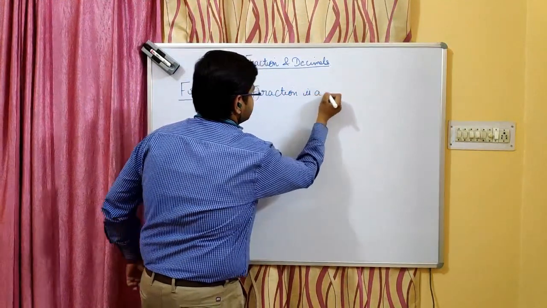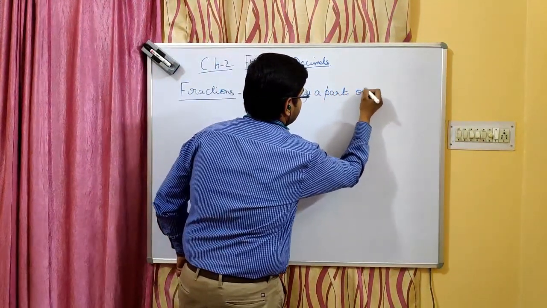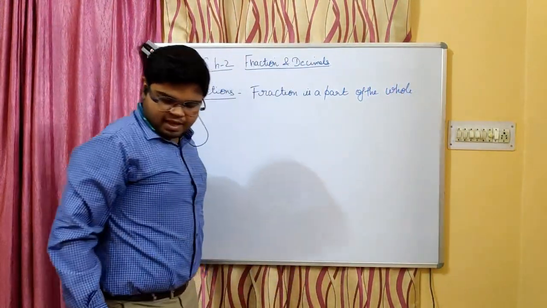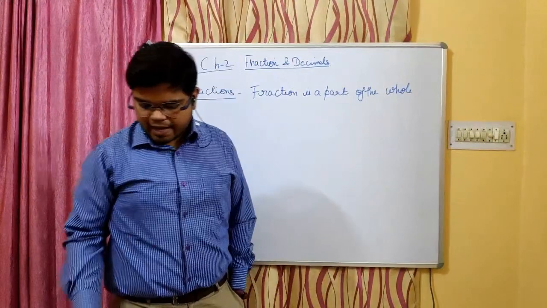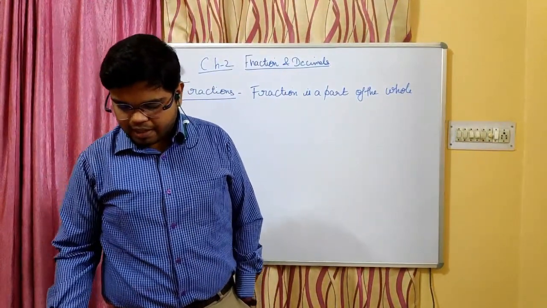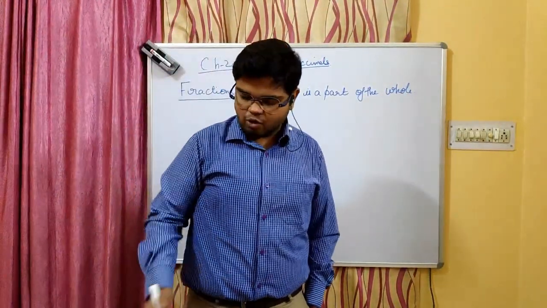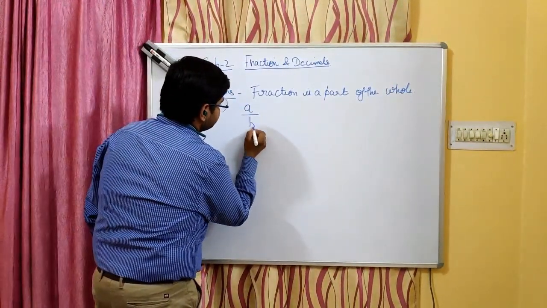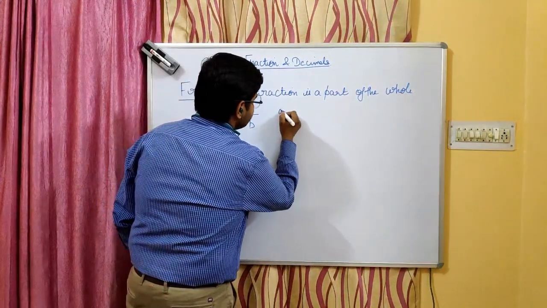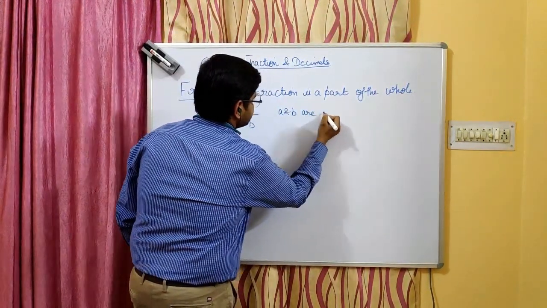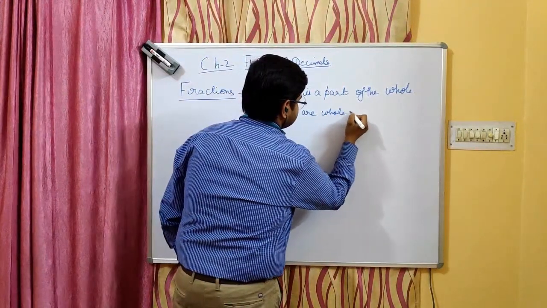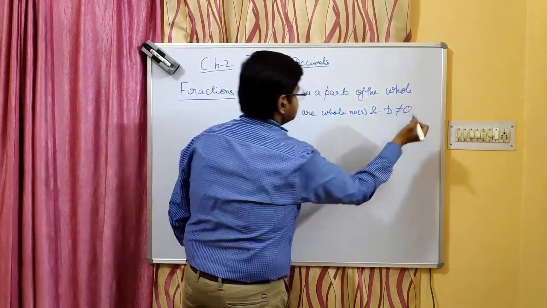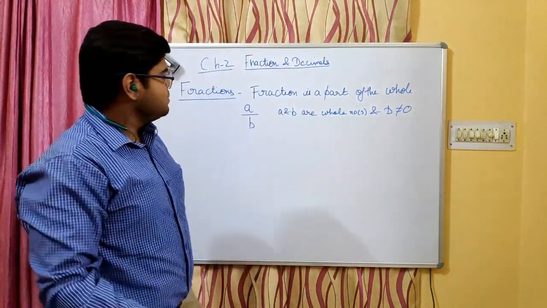It is represented by a upon b, where a and b are whole numbers and b is not equal to 0. So a fraction is represented by a upon b, where a and b are whole numbers and b is not equal to 0.